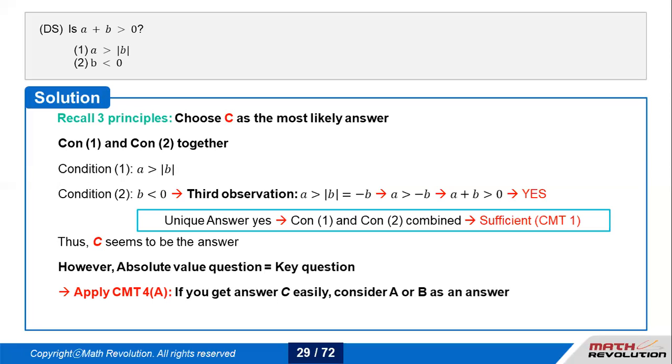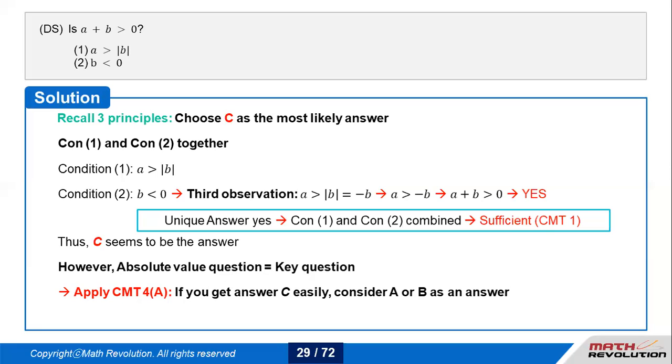The earlier phase of variable approach is pretty direct, but when it comes to key questions like integers, absolute values, inequalities, statistics, you need to be very much aware of common mistake types, CMT 4A and B, which says that if C seems to be an answer, then consider A or B as an answer. Indirectly, it wants to say that it would look like C is directly the answer even without solving, and there will be a trap in it.